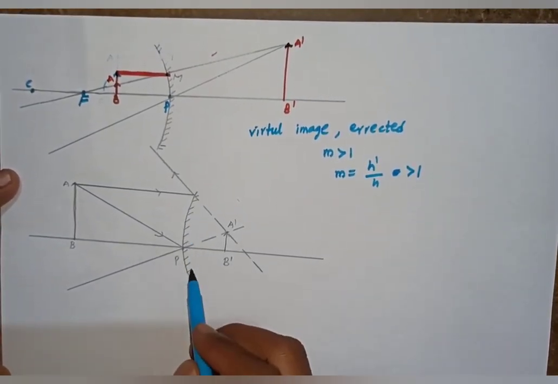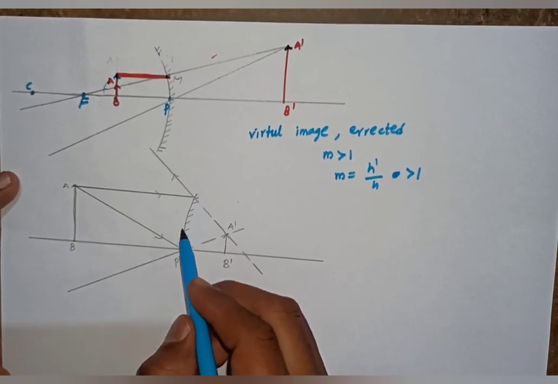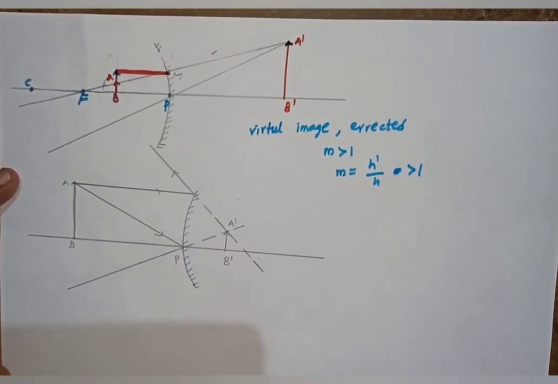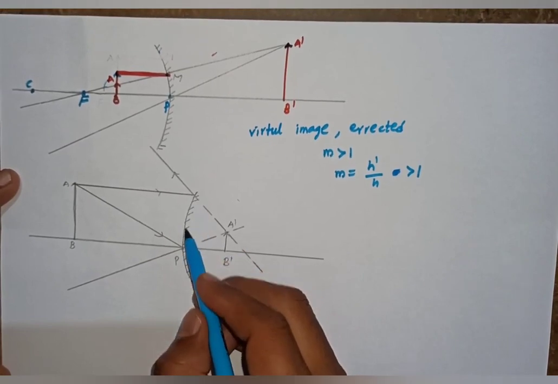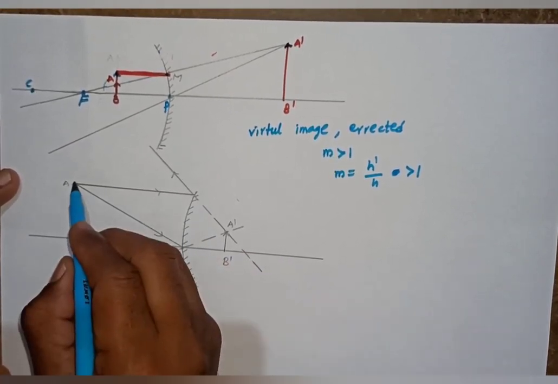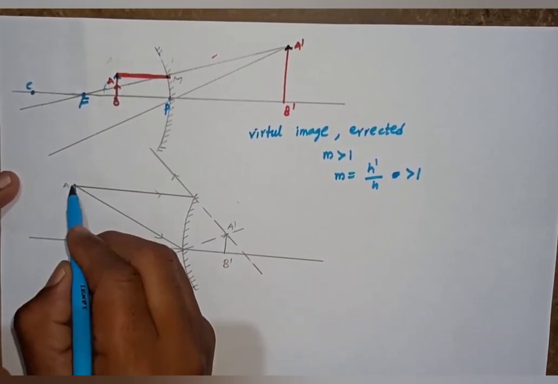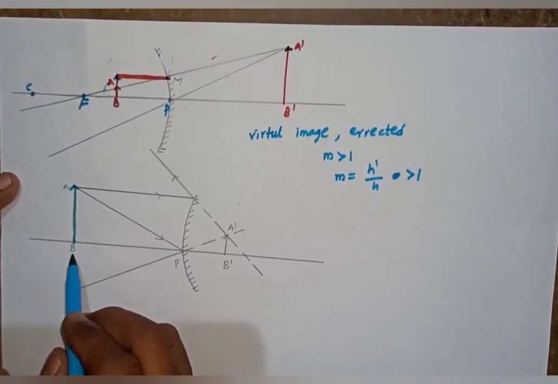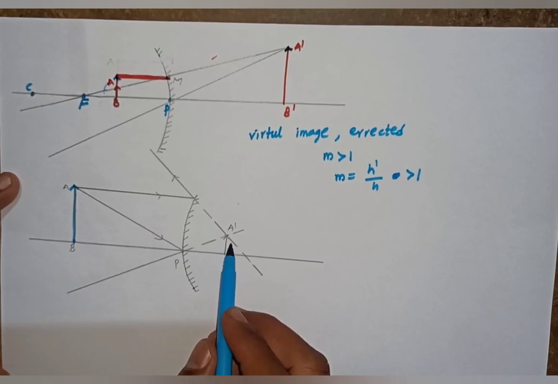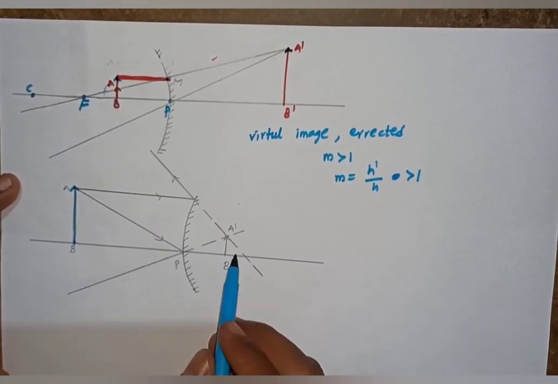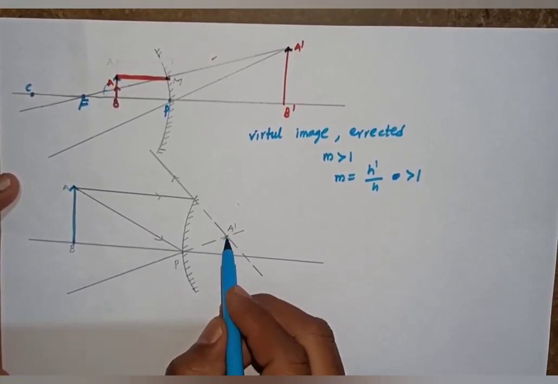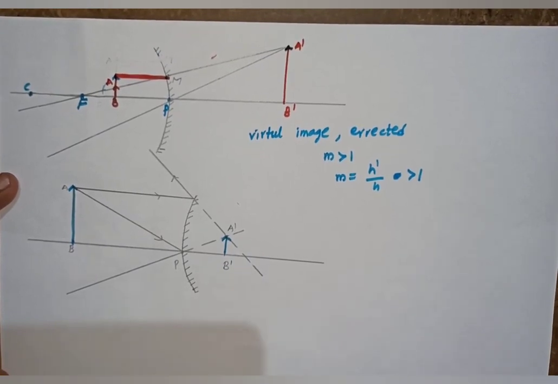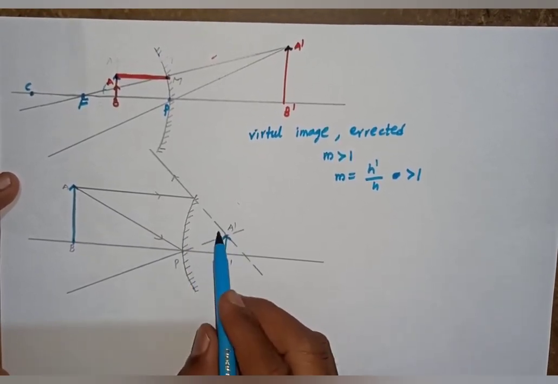So here we consider the convex mirror. In the convex mirror, the object is AB and the image is formed on the other side. It is smaller, and a virtual image is formed.